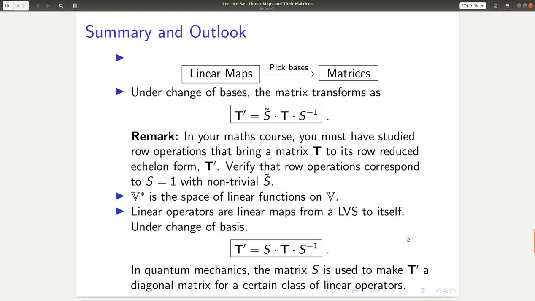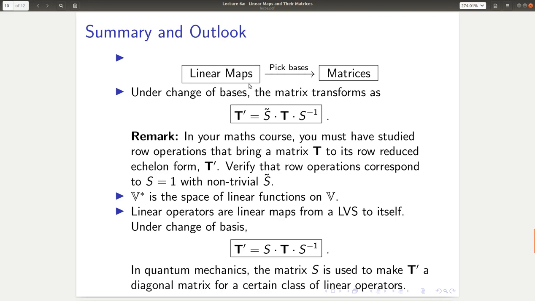Okay, so we'll now finish this half of the lecture with a summary and outlook. The general idea is that if somebody gives you linear maps, a vector space may be defined in some very complicated fashion. Who would have thought that a bunch of polynomials is a vector space, but we have seen that it does satisfy the vector space axioms.